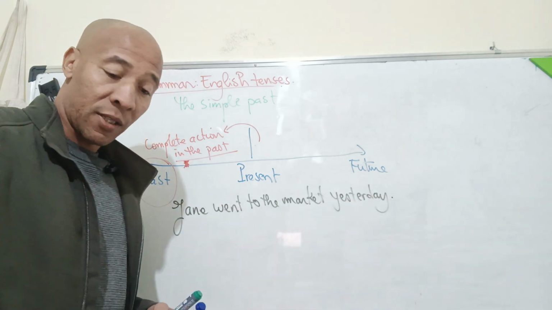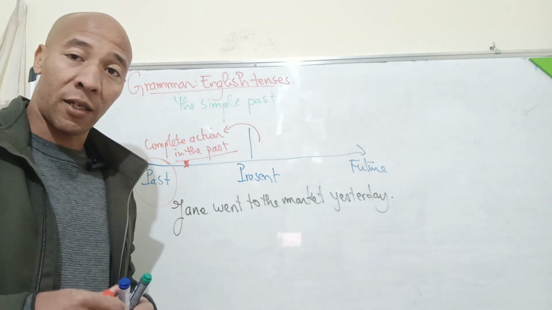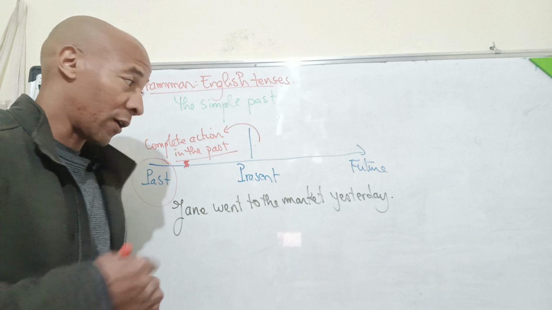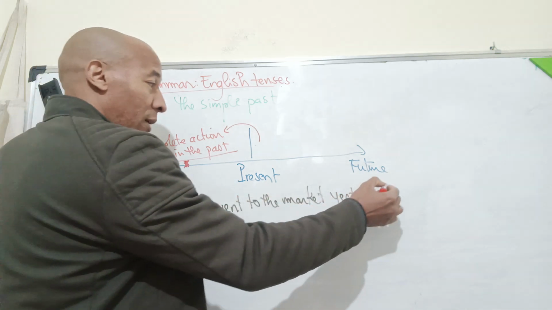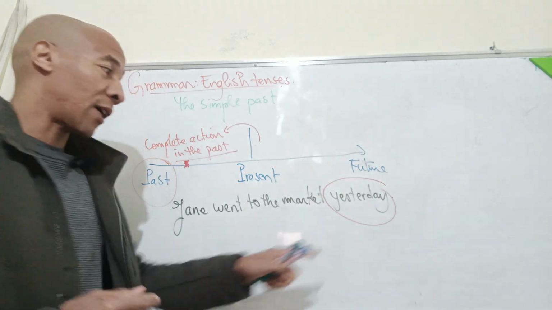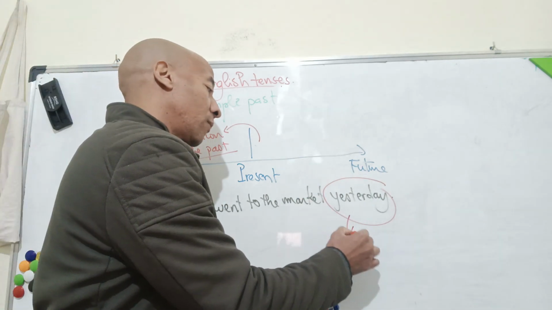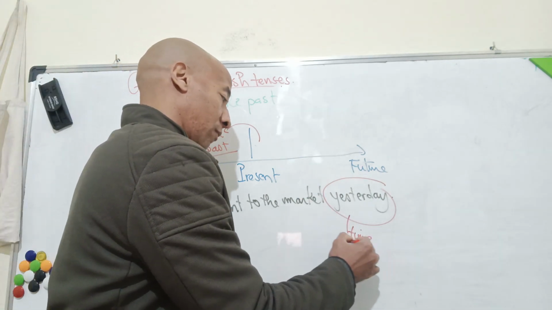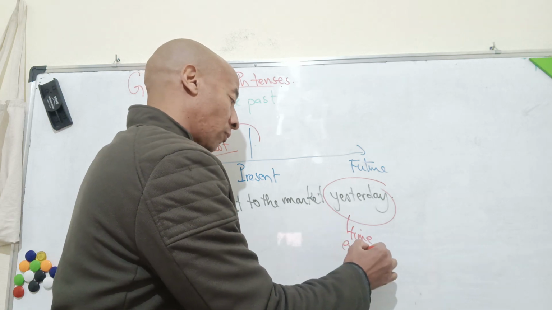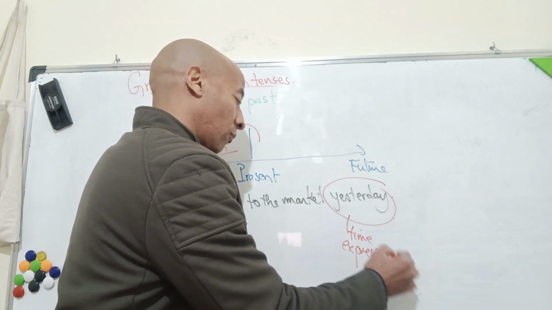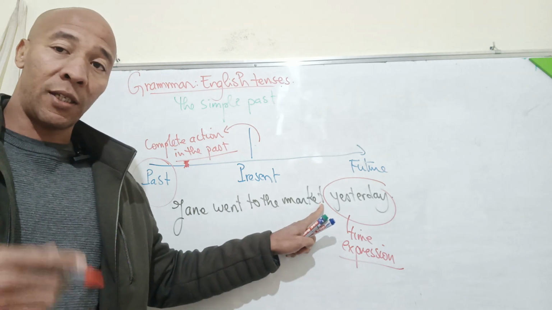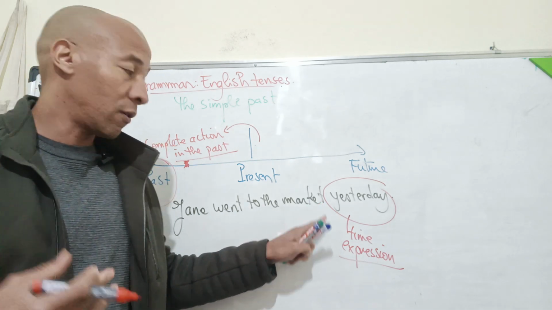Now, let's start from this example to understand what simple past is, okay? So here, of course, this is a time expression that indicates the simple past, all right?